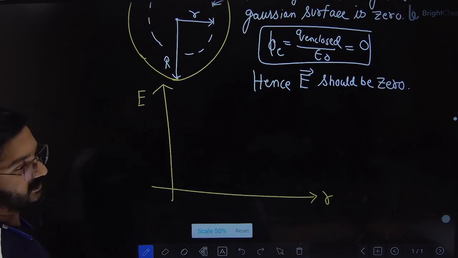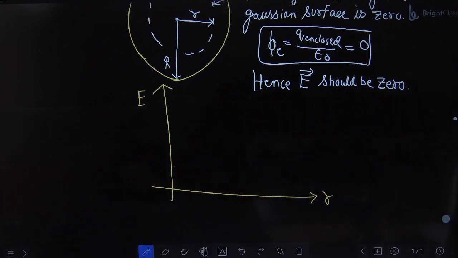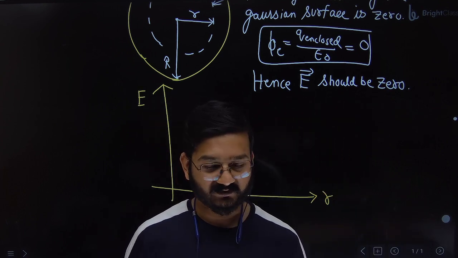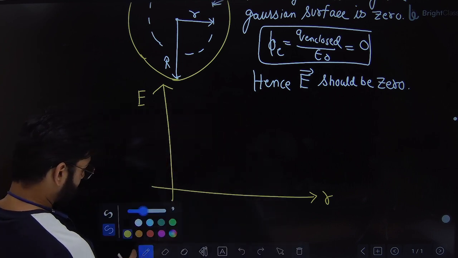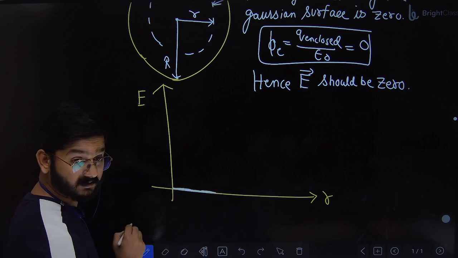So what is the electric field inside? Just now we discussed. Zero. On the surface, kq by capital R square. After that, kq by small r square. So inside, what is electric field? Zero.